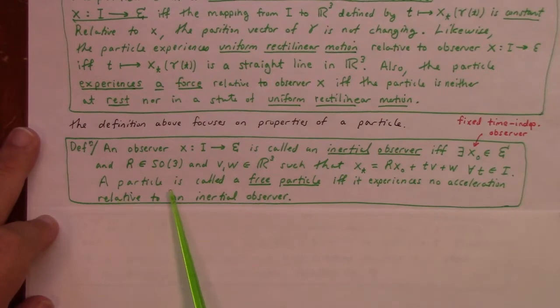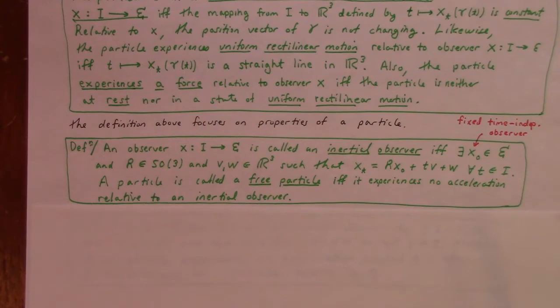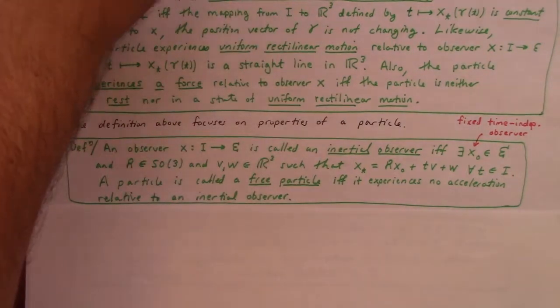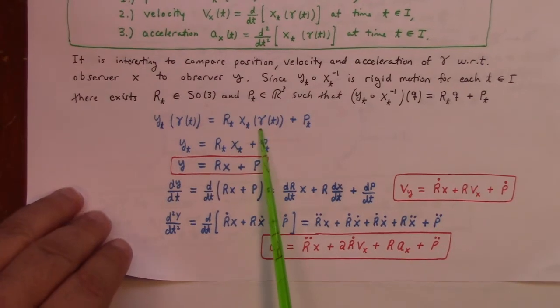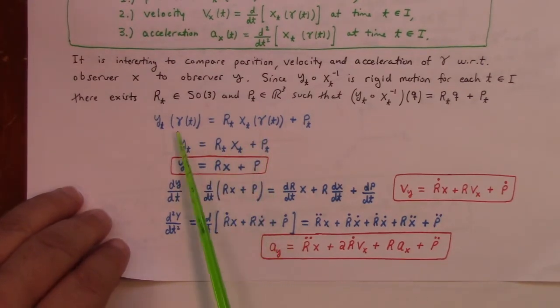Okay, a particle is called a free particle if and only if it experiences no acceleration relative to an inertial observer. So, again, when we look back here, these observers didn't have to be, like, if one of them was inertial, the other one didn't have to be.